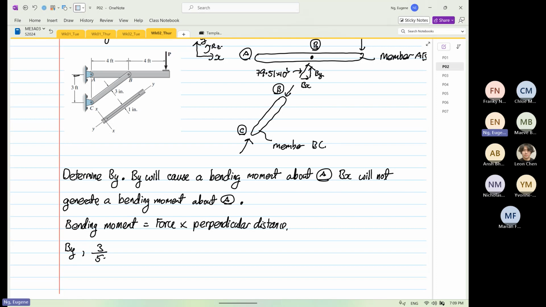Why 3 over 5? Because the perpendicular height is 3, and this distance is 5. Those two are the same orientation as the vectors for the forces. So this is equal to By divided by 79.51.